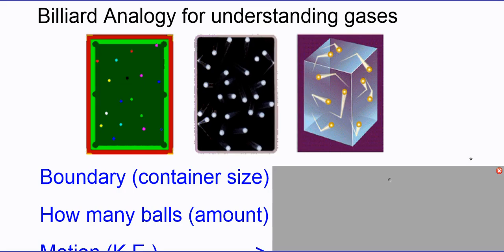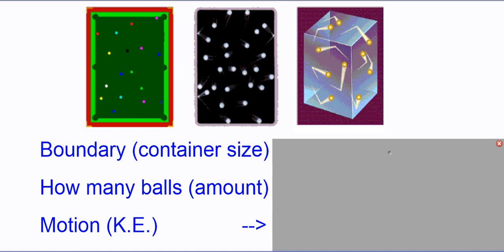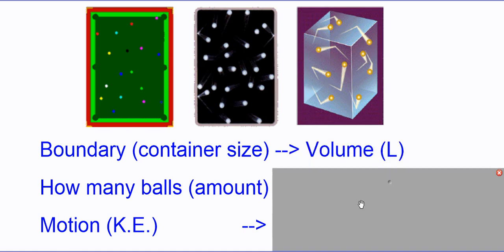I like the analogy of a billiard pool table for understanding gases and the variables. If you think about the boundary, the container size, as how big the pool table is, that's going to be our volume. What we really care about for volume is whether it is a fixed container or a flexible one.